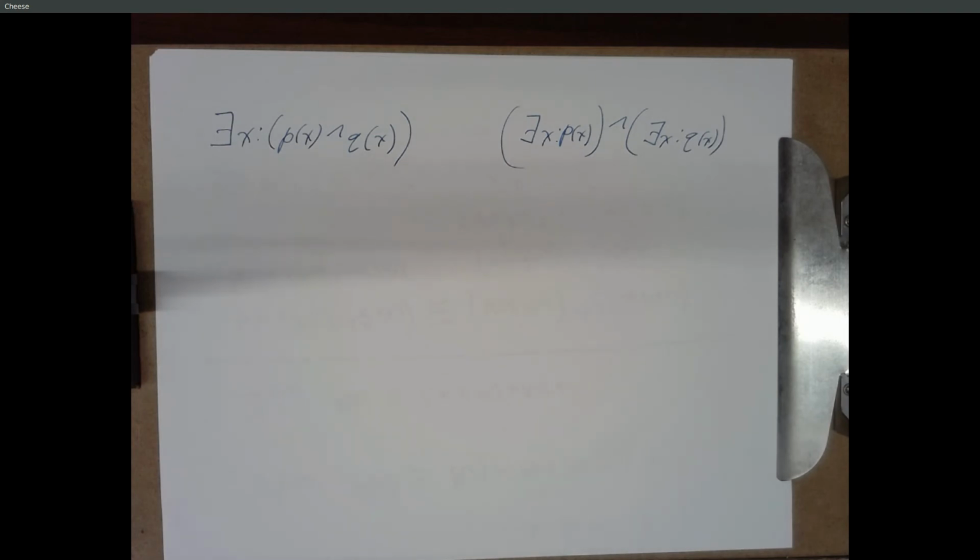There exists an X such that P, and there exists an X such that Q. Are these logically equivalent? No.